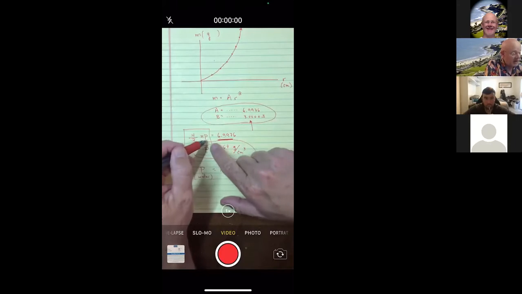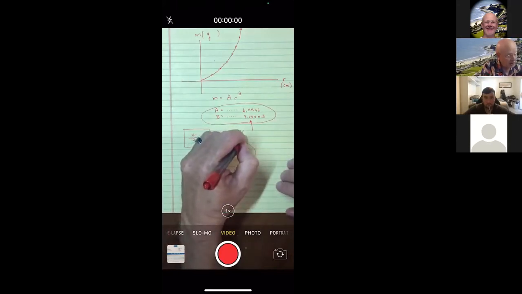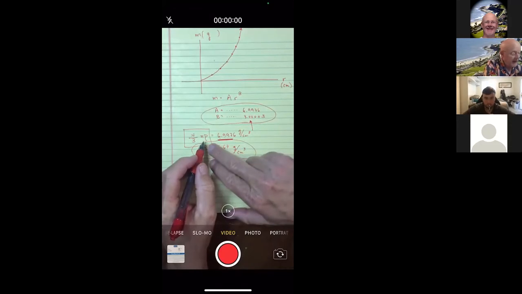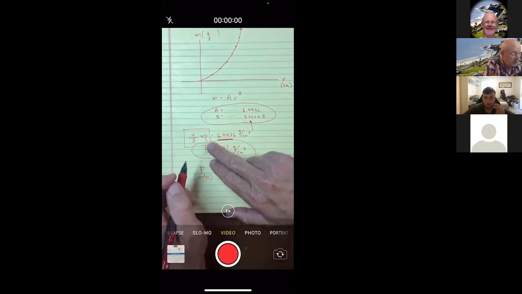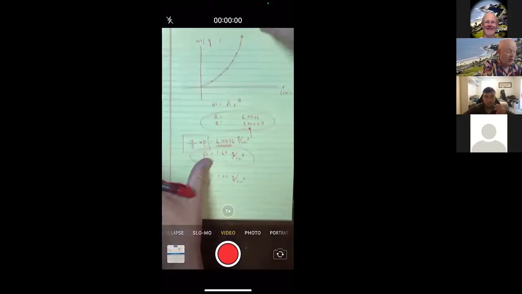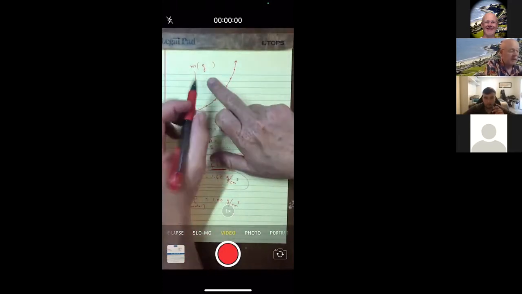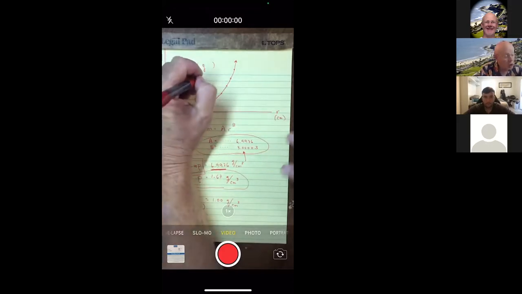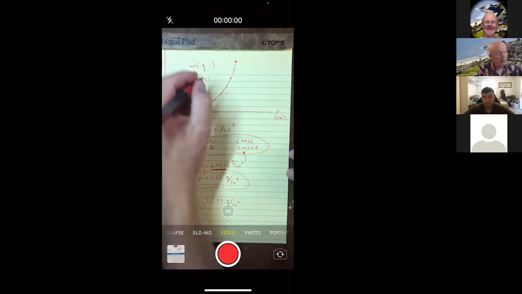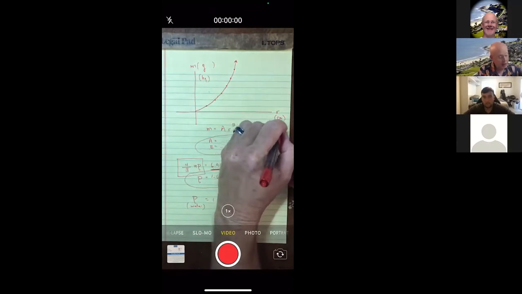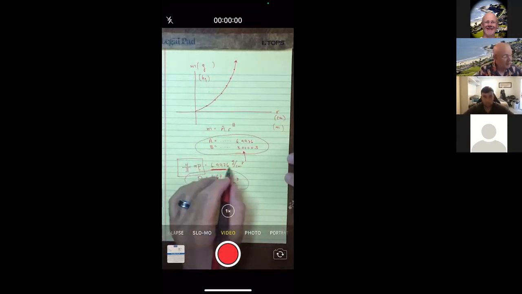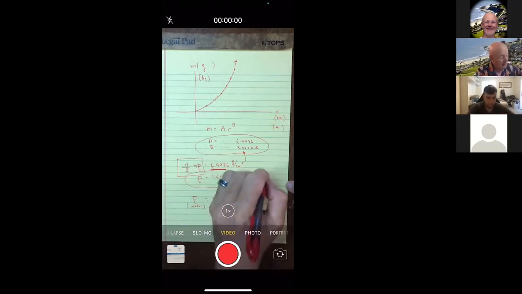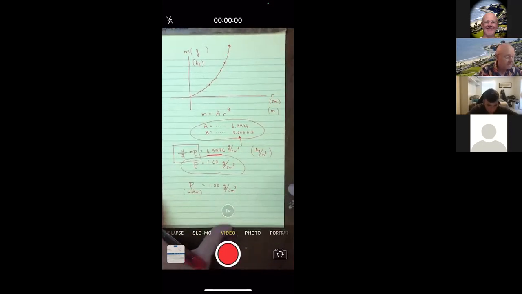So this must have the same units of density that you are using, and that's grams and centimeters. Right. Okay. Because this could have been done in kilograms and meters, and then the parameter would have been kilograms per cubic meter. Right, okay.